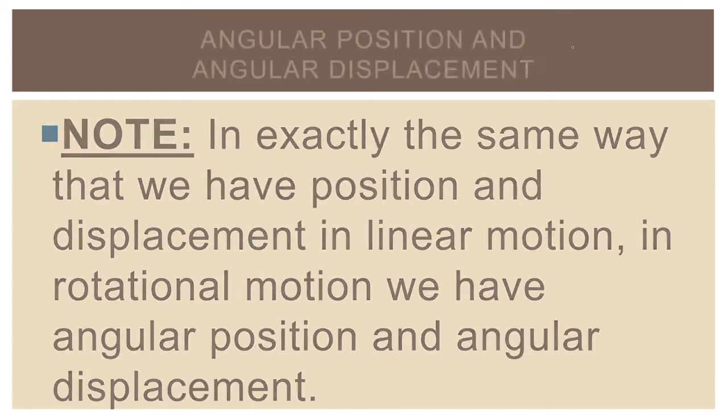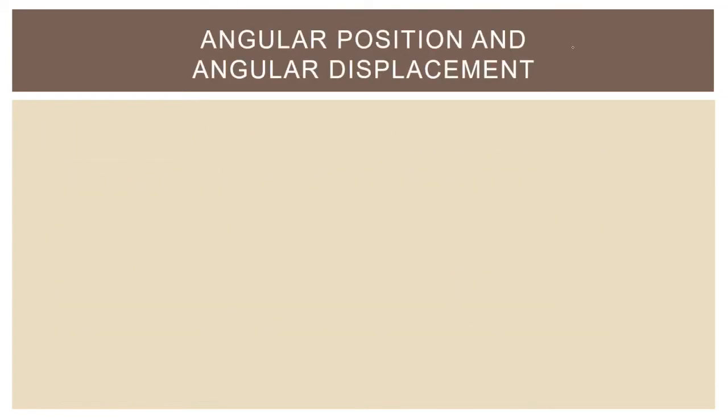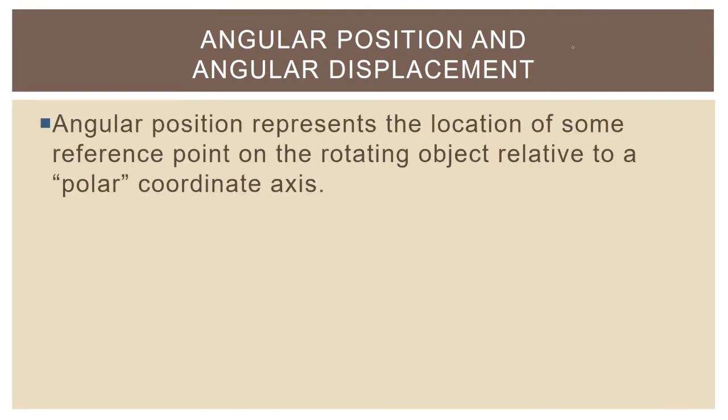One of the things that we're definitely going to want to define right off the jump is angular position and angular displacement. The first thing we'll say here is that angular position represents the location of some reference point on the rotating object relative to some polar coordinate axis.